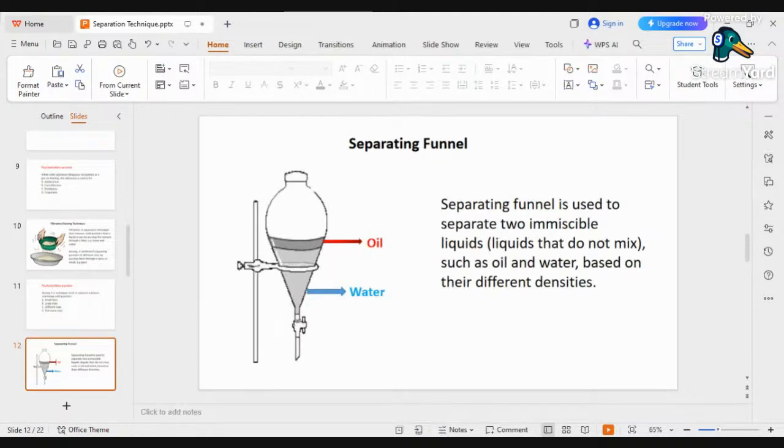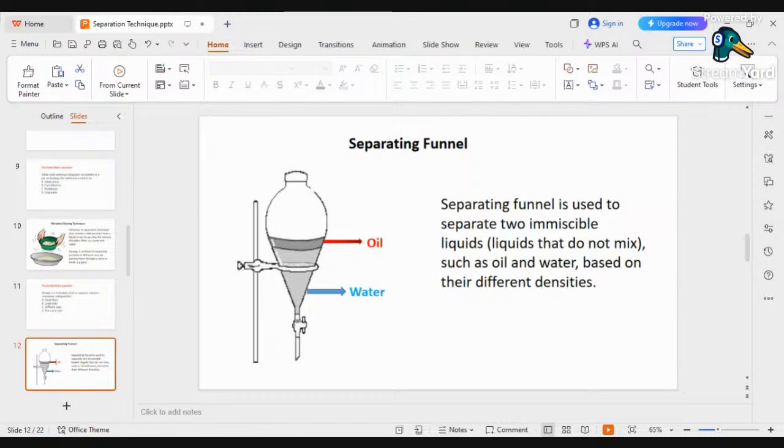Now, the next type of separation technique we'll look at is the separating funnel. Ladies and gentlemen, a separating funnel is used to separate two immiscible liquids. For example, oil and water can never mix. If there's a mixture of oil and water, one must be floating, right?